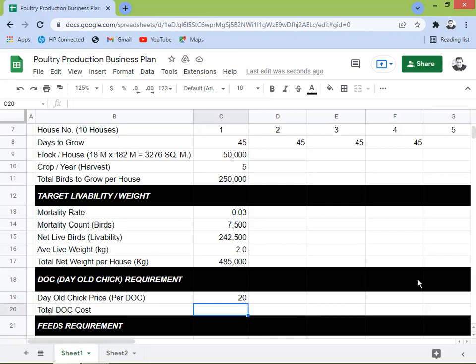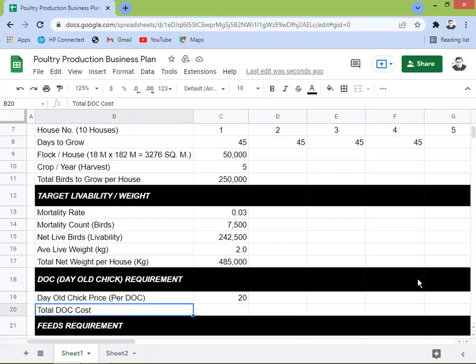The rupees and pesos are not too much different, just point something cents. Also the conditions are almost the same: the temperature, the humidity, and the systems for raising broiler chicken are almost the same.